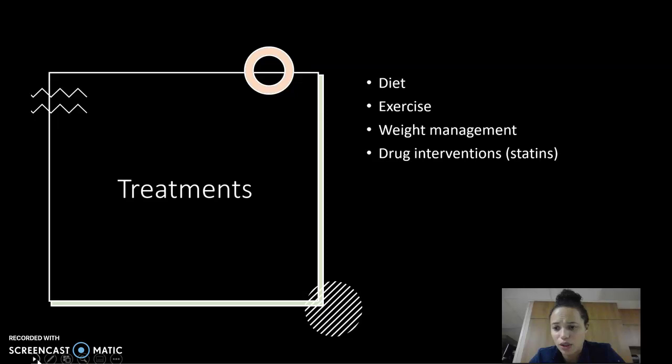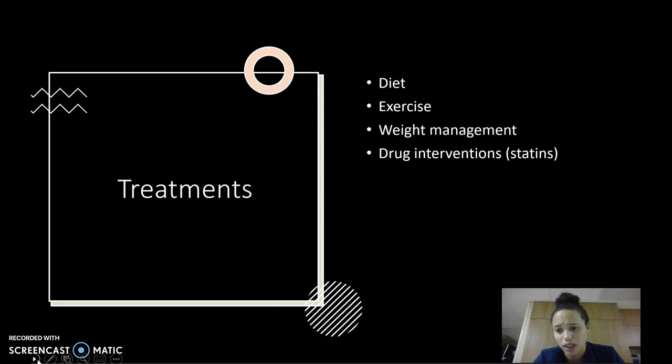And then the next two, of course, you want to exercise. You want to make sure that you're moving the cholesterol and moving your blood, and obviously that's healthy overall, and we all know this. And you want to make sure you're watching your weight, because usually they go hand in hand, kind of like if you were diabetic.